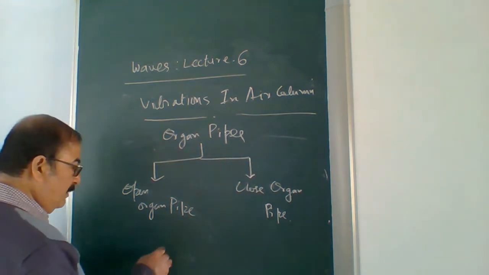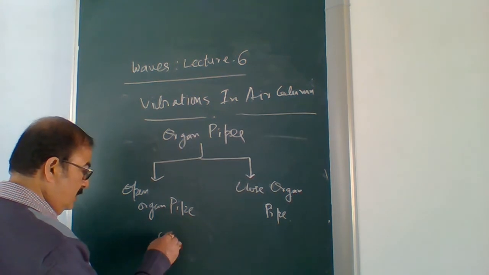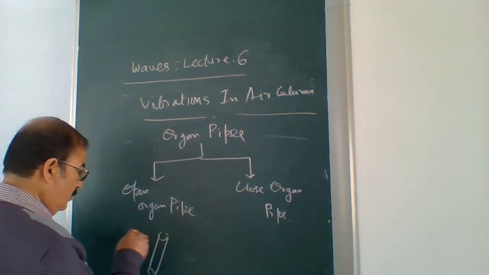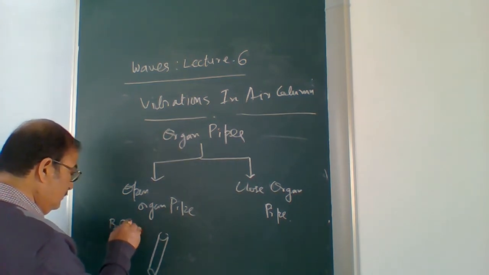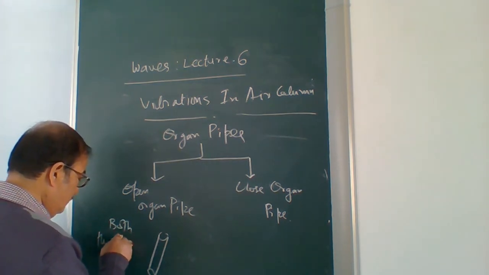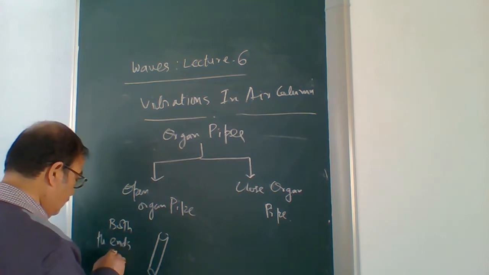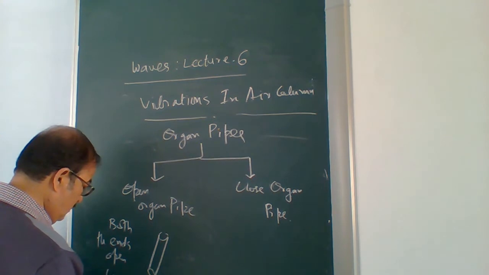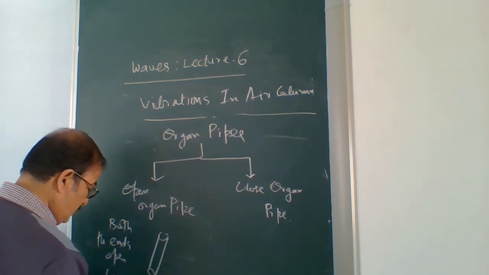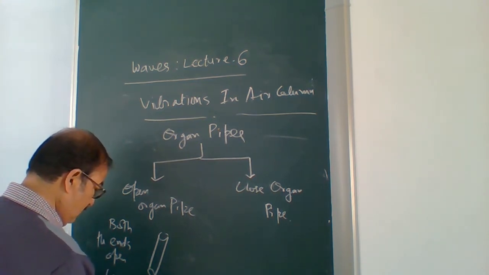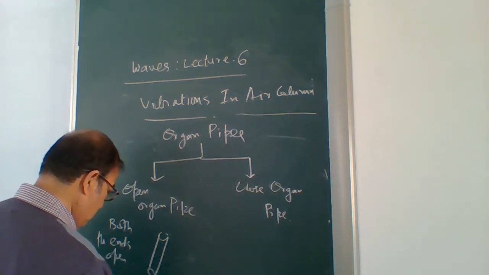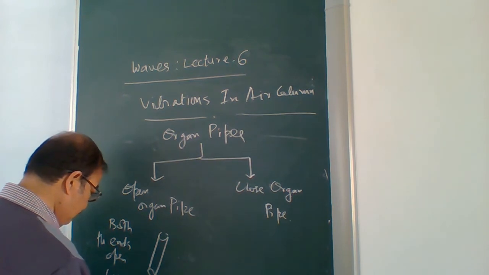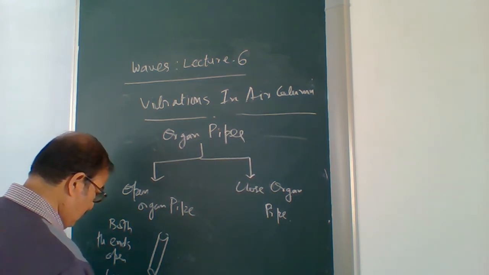If we have a pipe, hollow cylindrical, metallic cylindrical pipe with both the ends open, and the hollow cylindrical pipe, that is also metal.